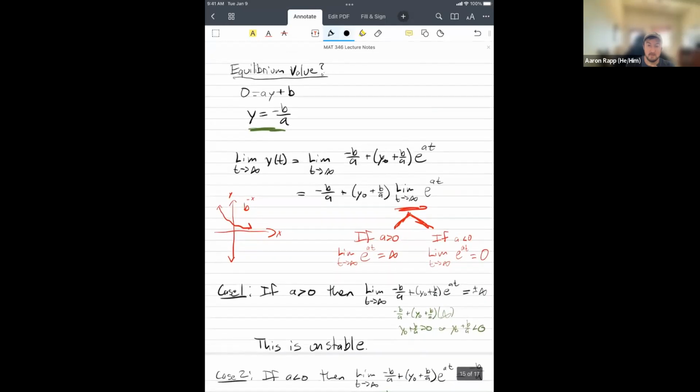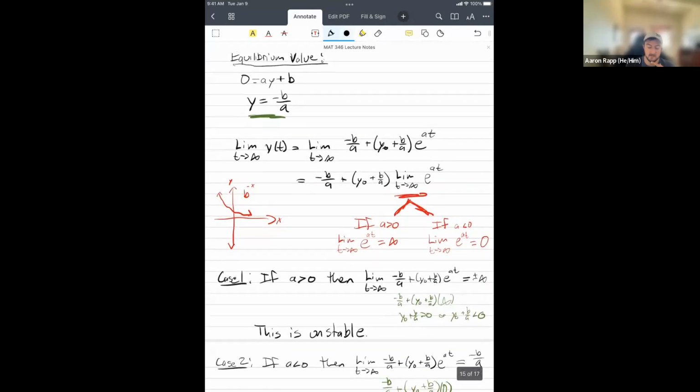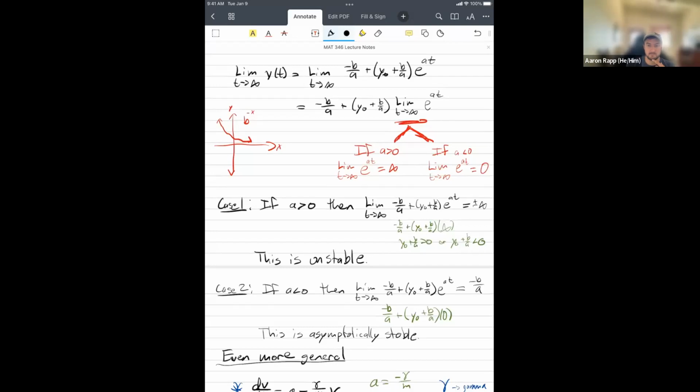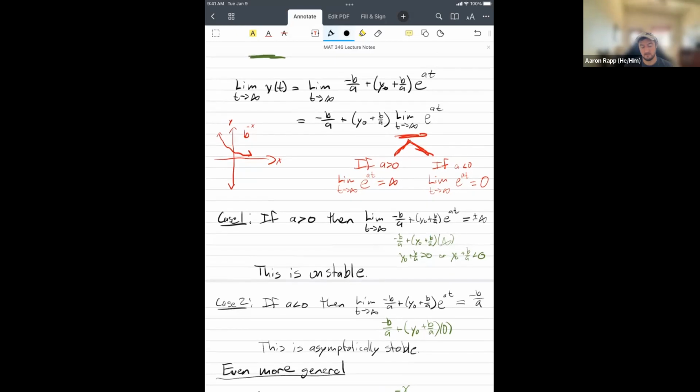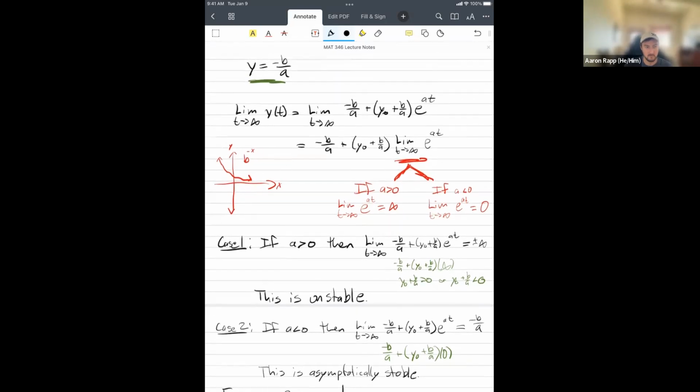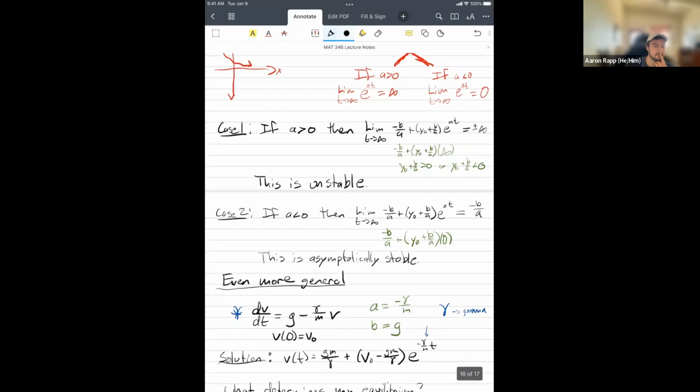But from that, and knowing the form and what the solution is going to look like, we came down to 2 cases. Whether that equilibrium point was asymptotically stable or unstable depended upon the value of A, that number that I'm multiplying the solution by.